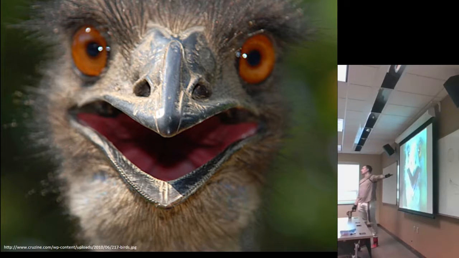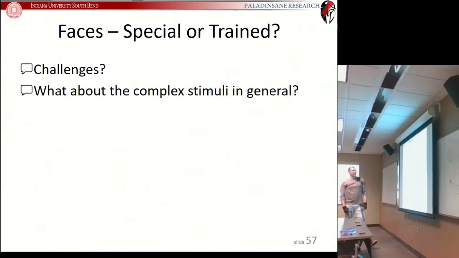Maybe they just look at birds' faces more, and that's why that fusiform face area lights up more. And then there have been other studies that have taken a look at other complex stimuli and have found evidence that just in general, some very complex but highly trained stimuli tend to activate the fusiform face area.